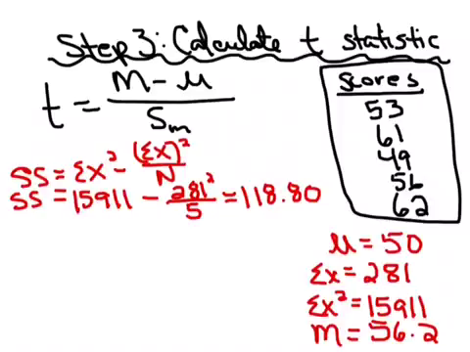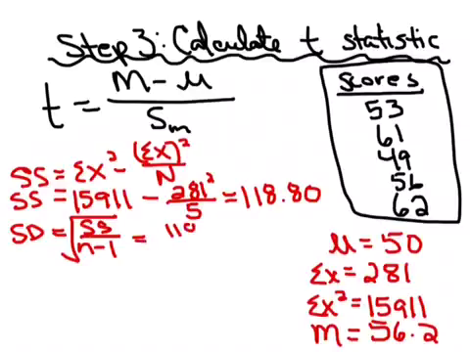So now we can get our standard deviation. Standard deviation, if you remember, is sums of square divided by n minus 1, that's our sample standard deviation, all with the square root. So we're going to have 118.80 divided by 4.